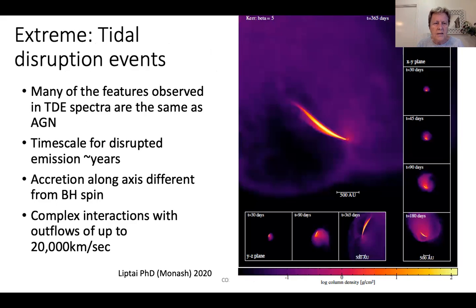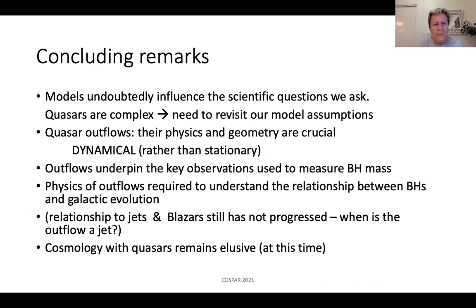If we look at extreme tidal disruption events, we see that the behavior is very dependent on the rotational axis of the black hole and the direction that the accretion is coming from. Some recent simulations have shown that those black hole interactions can produce huge outflows, as we might expect.